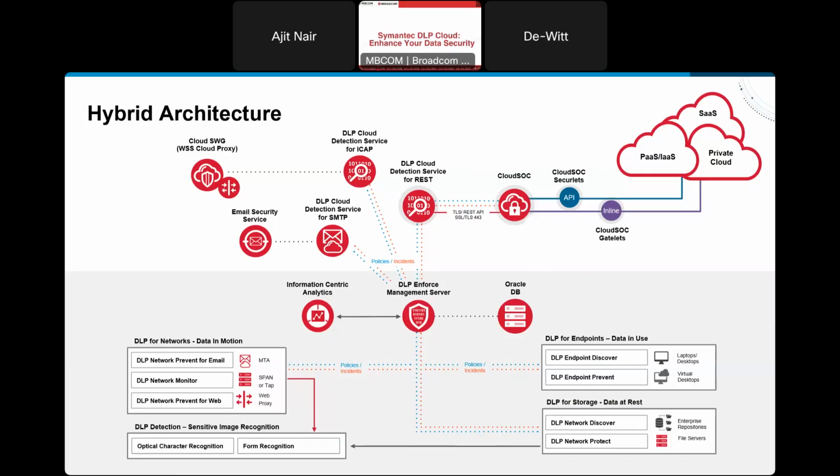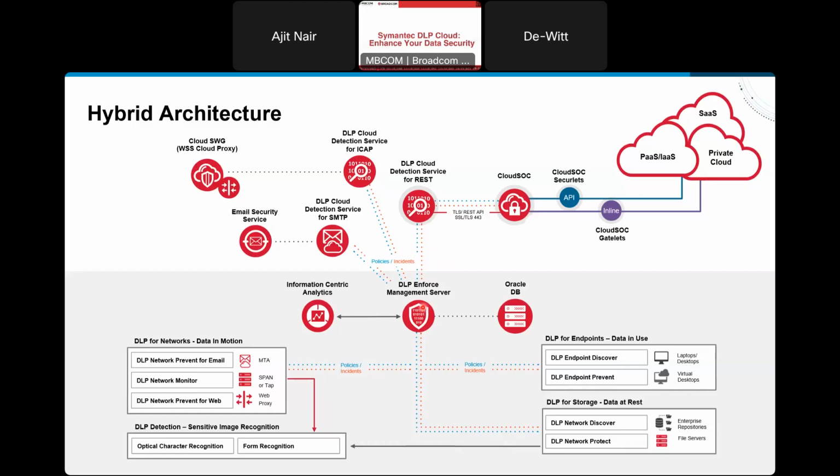So we're talking about a hybrid architecture. In this architecture, the Enforce is the main management server, right? So this is where you configure all your CDSs, and you create all your policies over here. This is basically the heart, or the central management system for all your reporting needs, your administration needs, and everything.